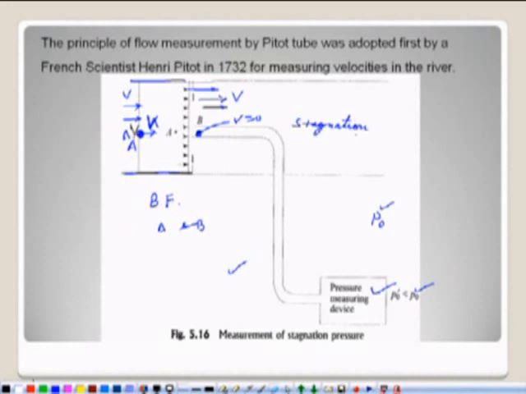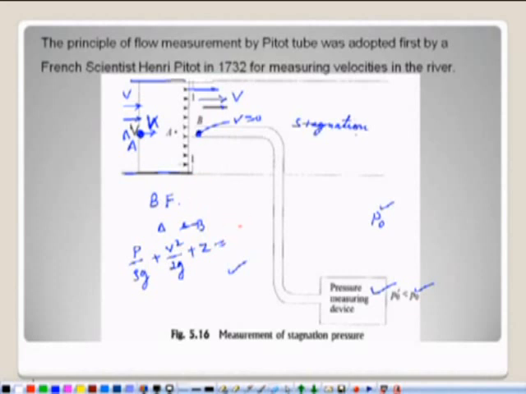At point A, what is the total energy? Total energy is P over rho g, the pressure energy per unit weight or pressure head, plus kinetic energy per unit weight, V square divided by 2g, plus z. This must be equal to the total energy at point B.